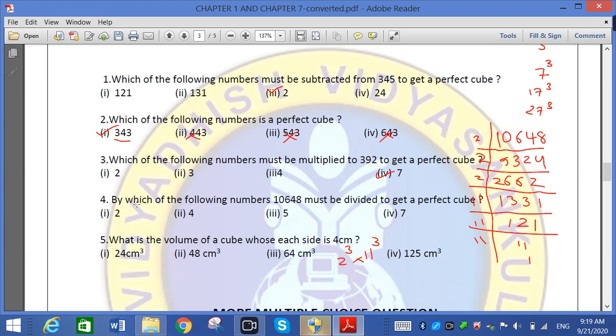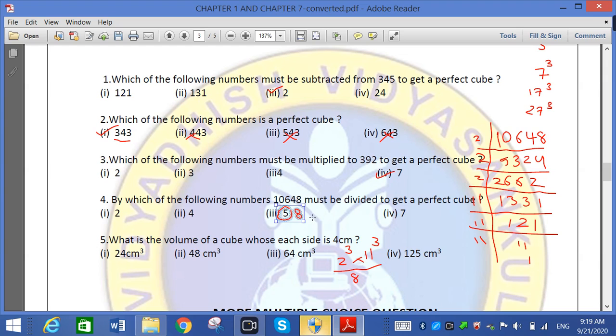Either it should be 1 or 8. If here it is 8, then we can divide it by 8. So the option here is 8.